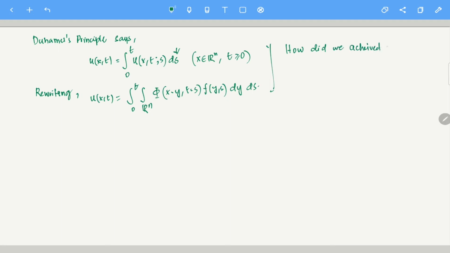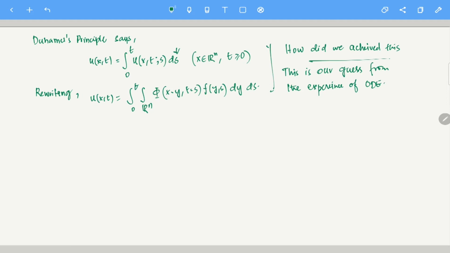This is our guess. We did not do anything. This is just a guess from the experience of PDE, experience of ODE. That's what I'm saying, this is just a guess.